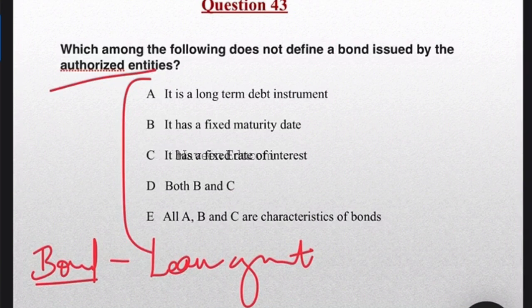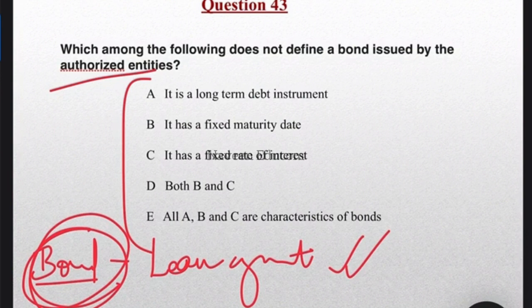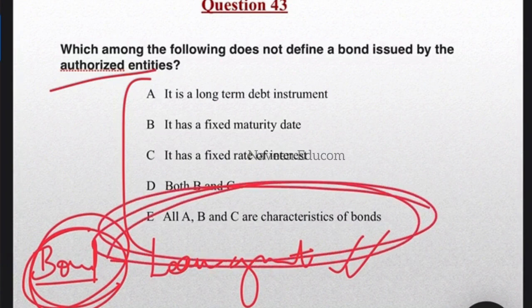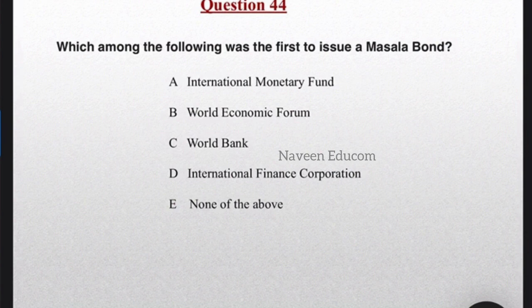It is practically a loan agreement between the issuer and the purchaser, against which the issuer will pay a certain amount to the purchaser of the bond at the time of maturity. It is mainly used to raise capital from the market. So all the characteristics suit this, and E is the option.